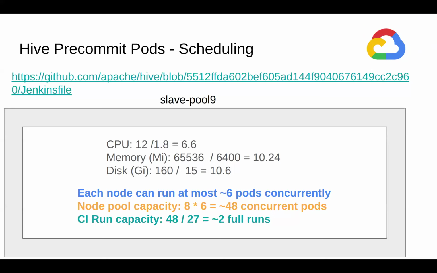Yeah, thanks. One comment about the autoscaler part that you mentioned. Autoscaler is enabled for the slave pool, but it sounds like it will only scale up to 8. Exactly, yeah.